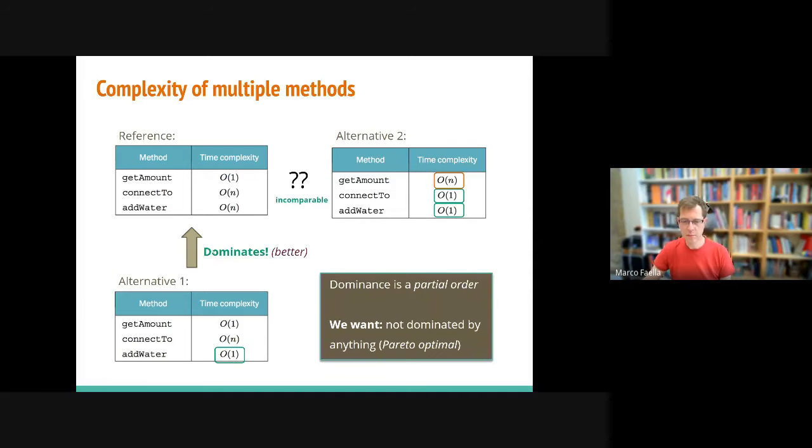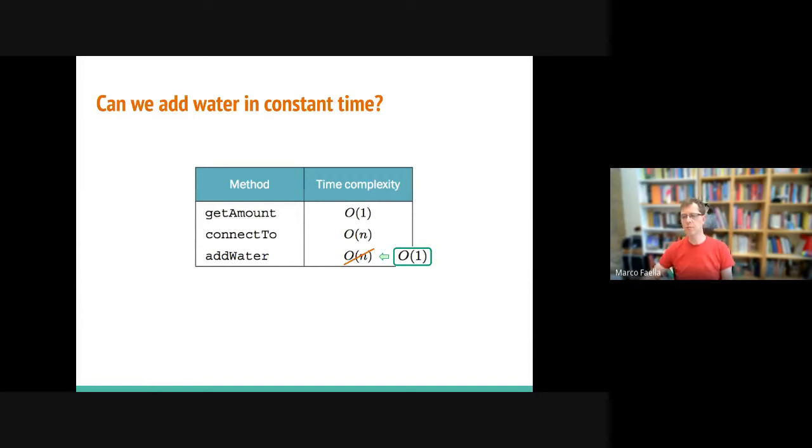So some complexity profiles can be compared like these, and other complexity profiles cannot be compared. And any complexity profile which is not dominated by any other is called Pareto optimal. And that's what we would like to find: a Pareto optimal implementation, an implementation whose complexity profile cannot be improved any further.